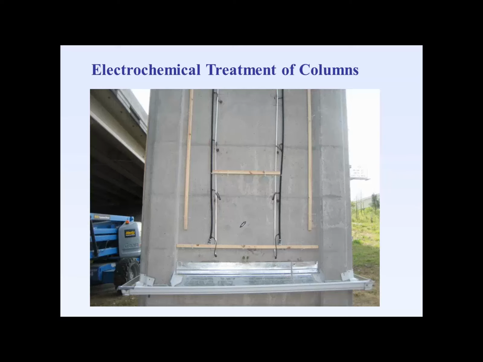This just shows you one quick picture of the test setup here. The contractor prepared the surface of the column, and then they put the electrolyte over the face of this column.